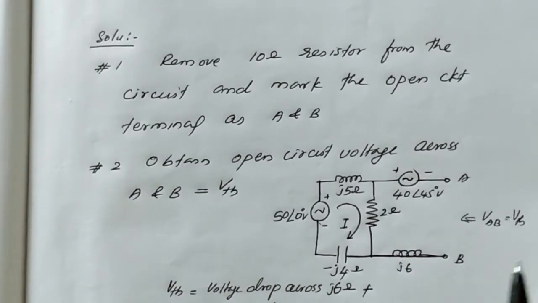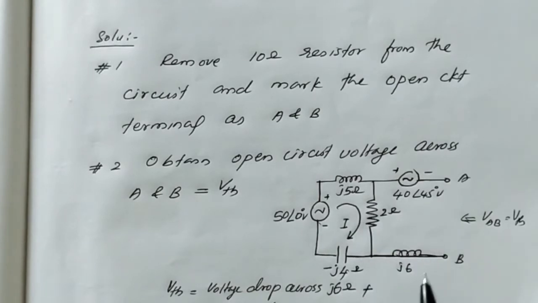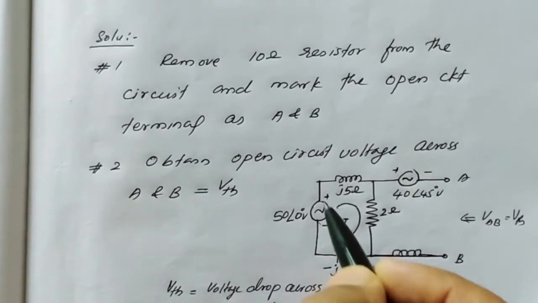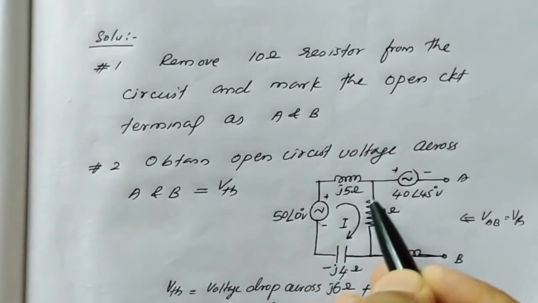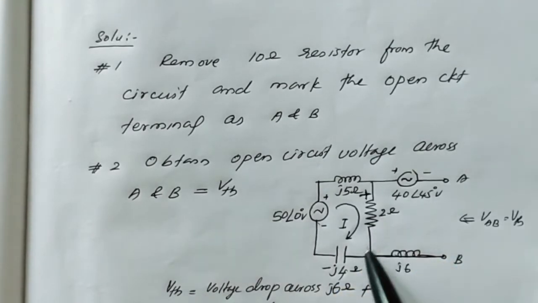In order to obtain the open circuit voltage, we need to move from the point B to A and add all the voltage drops. As the current in the j6 ohm is 0, this potential drop is 0. As current is flowing in this direction, the potential drop is like this. This is higher potential and this is at lower potential.